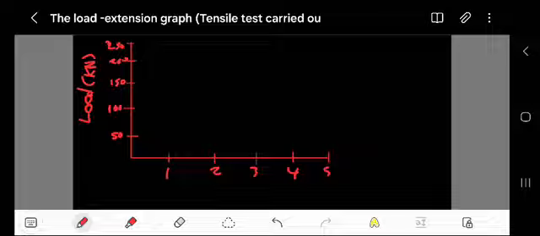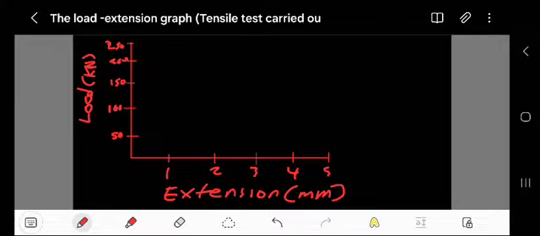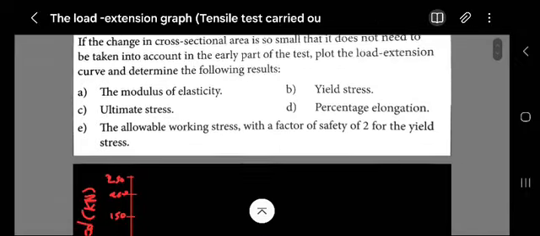Then this is the extension, which is in millimeters. So you can try and plot.